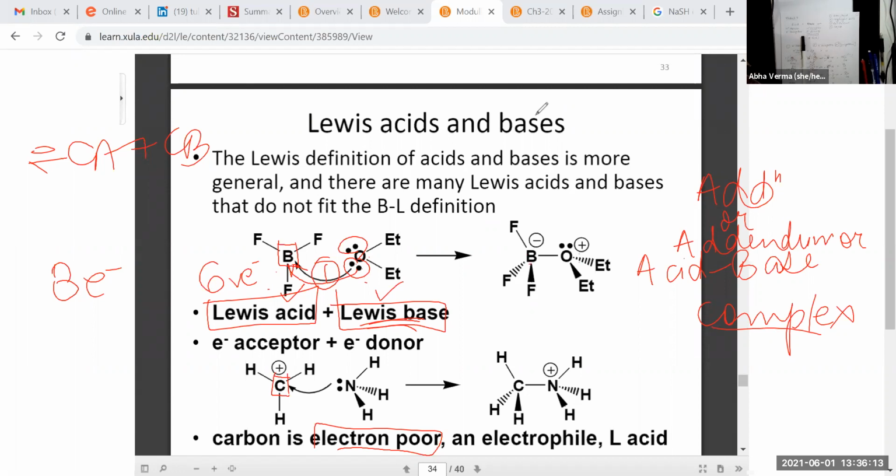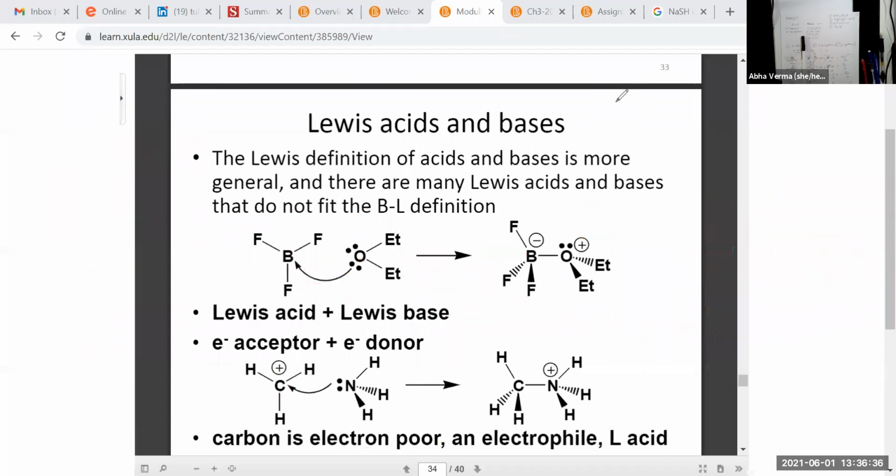Within the same molecule, you will have opposite charges, of course overall neutral. But because of the valence deficiency, the deficiency of these electrons, we see that there is formation of an acid-base complex and not a conjugate acid or a conjugate base.